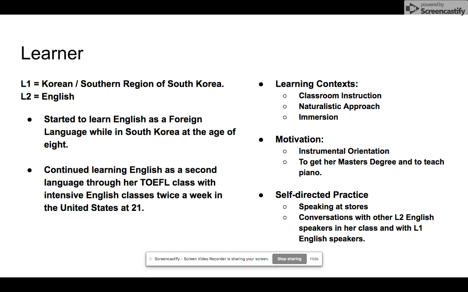From our conversation, she has had classroom instruction primarily, a naturalistic approach in terms of talking to native speakers in environments such as stores outside of the classroom, as well as a little bit of immersion experience. And her motivation is instrumental in nature: to ultimately attain her master's degree in order to teach piano.